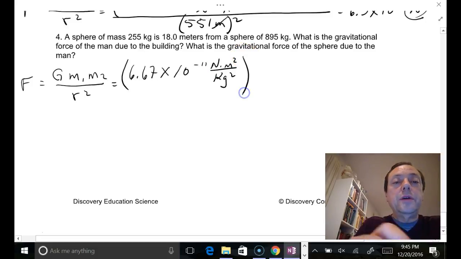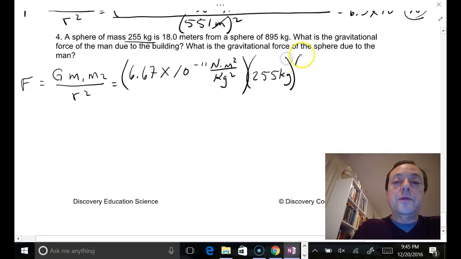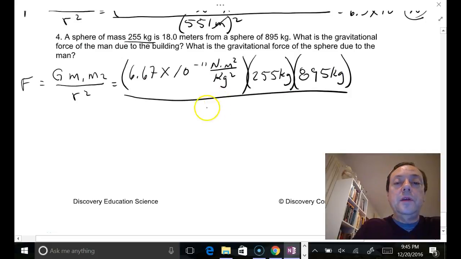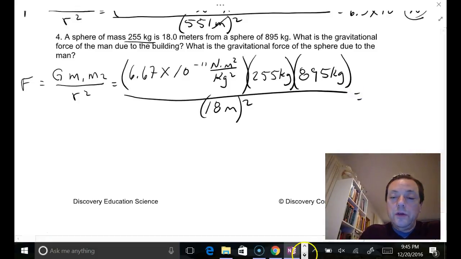And we're just going to plug in the mass. First mass is 255 kilograms. Second is 895 kilograms. And the distance is 18 meters. And that's going to be squared. So let's see what we got.